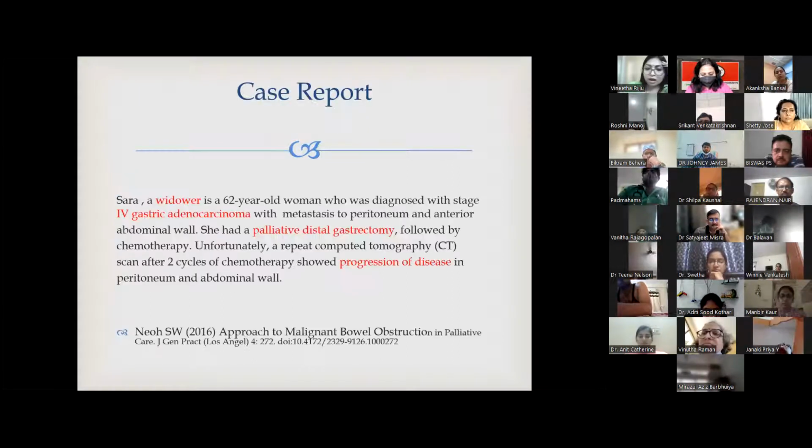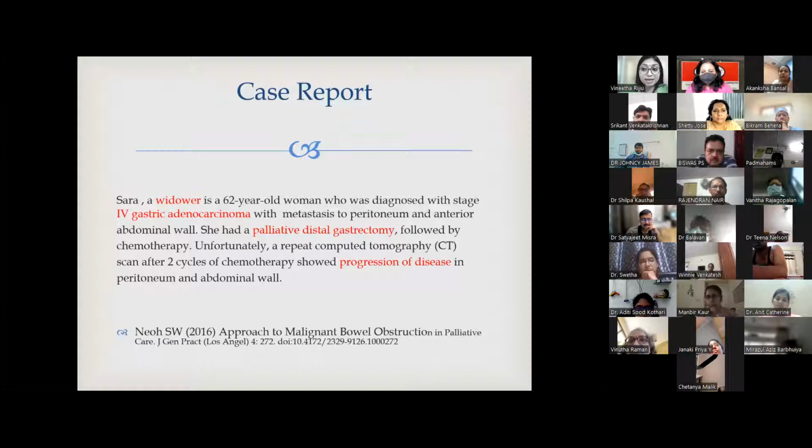we come to this case report. This is the story of Sarah, and we will be listening to more of what Sarah went through as we move on further. Okay, so Sarah is a widow, and she is 62 years old and was diagnosed with stage 4 CA stomach with metastasis to the peritoneum and anterior abdominal wall.